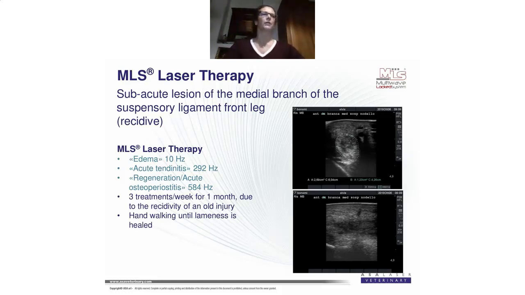Here, 3 treatments a week for 1 month. 3 treatments because it was an old lesion, a recidivity, and so I wanted to be strong with the energy and very constant with giving my supply. Hand walking until lameness is healed.